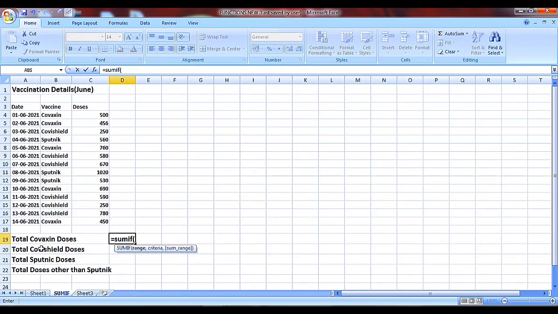Our criteria is the vaccine column should be equal to Covaxin. So the range to be evaluated by the criteria is this range, B4 to B17, comma. Now the second argument, that is criteria. I want to find total Covaxin doses. Here my condition is equal to Covaxin.